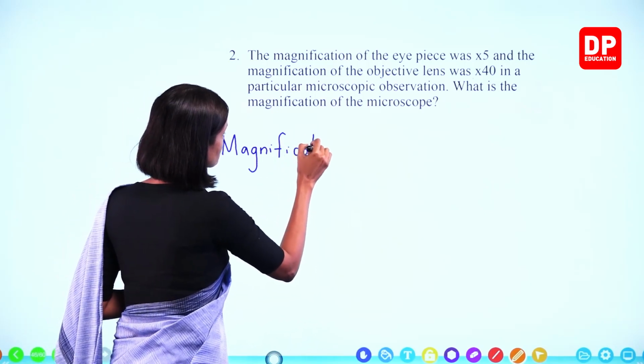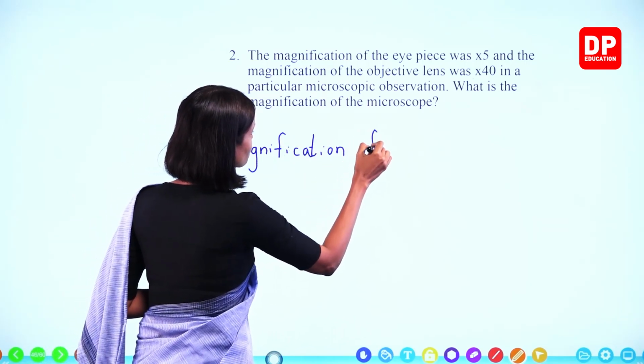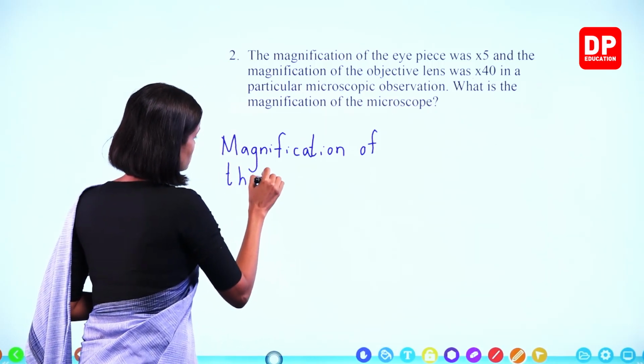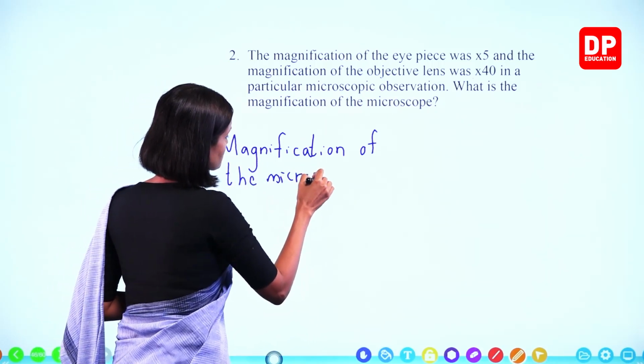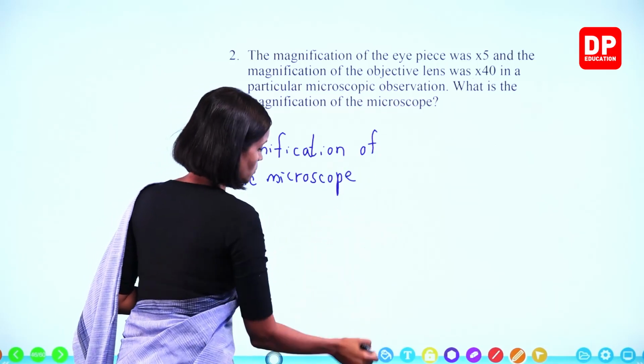Magnification of the microscope. How to find out?